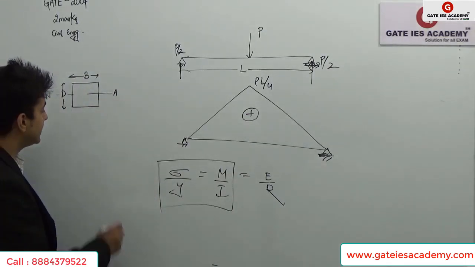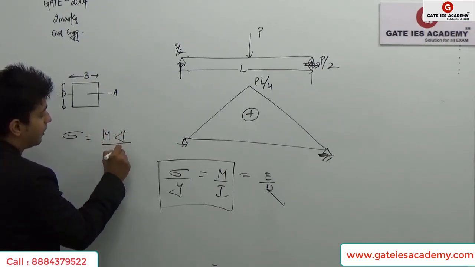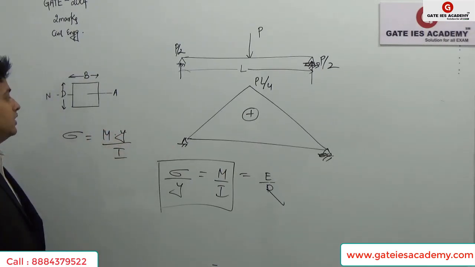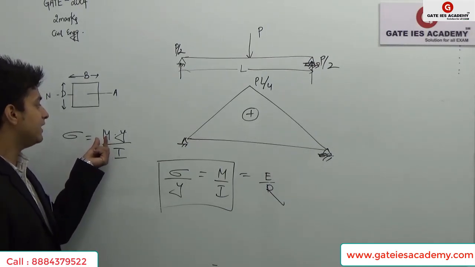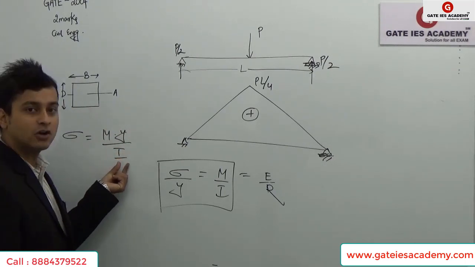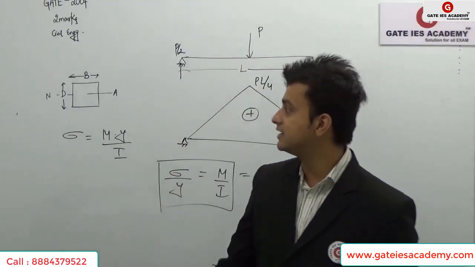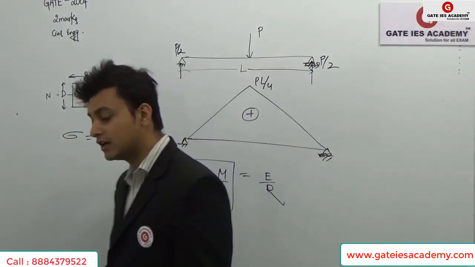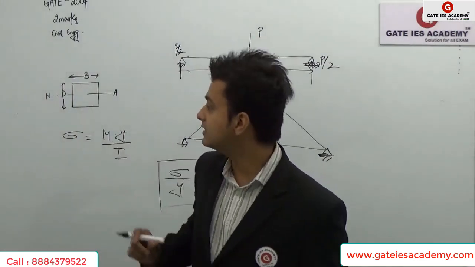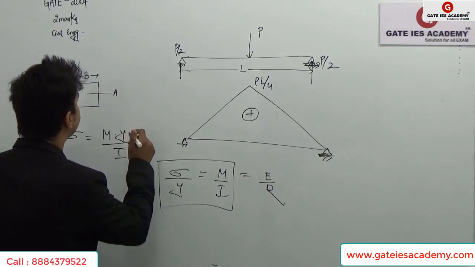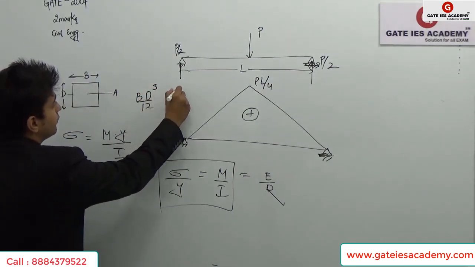So from here I get that sigma is equal to M into Y upon I. As I know that sigma depends upon the M value and the Y value, because I is constant, since I is the moment of inertia about the neutral axis that is fixed for the rectangular beam of width B and depth D. That will come out to be B D cubed by 12, that is my moment of inertia I.